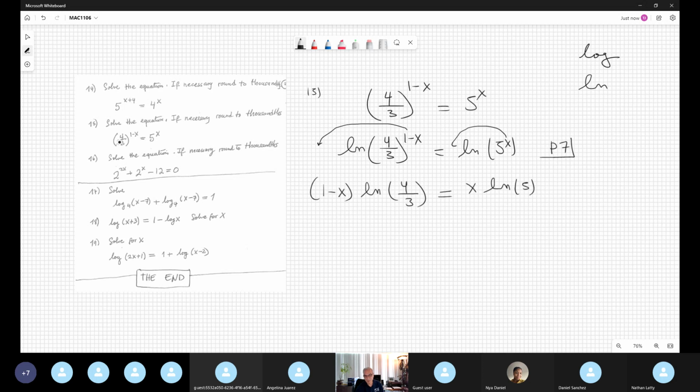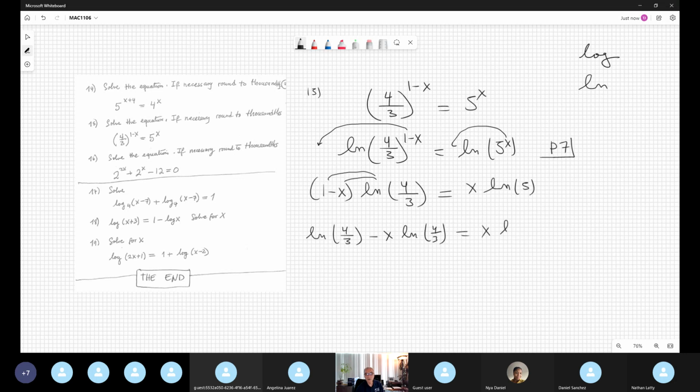Logarithm of something is an irrational number, but it's okay. It's a number, and we compute it using the calculator, which computes the approximate answer. You apply the distributive property one more time: 1 times logarithm is logarithm.